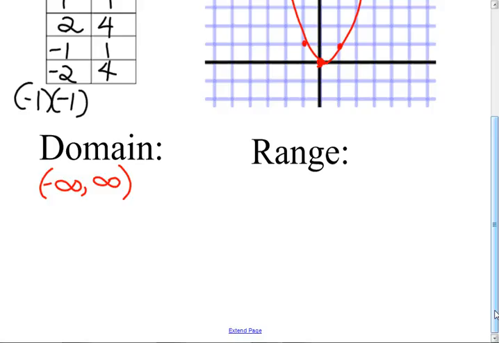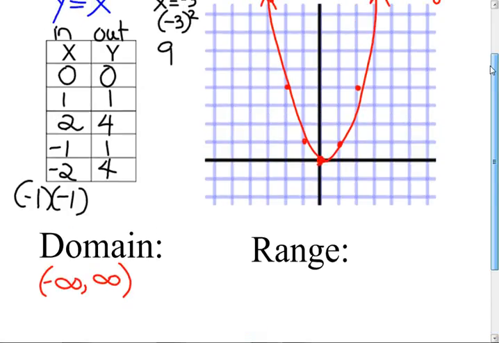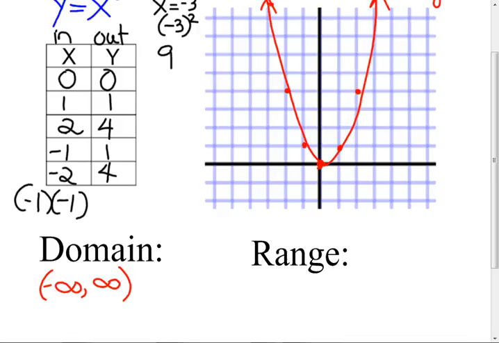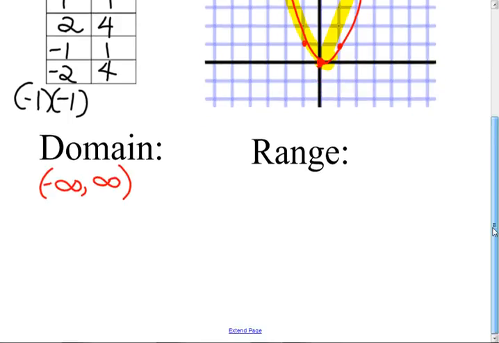Now, what about the range? What are the y values? What's the smallest y coordinate we have here, because we're looking at this figure? What's the smallest y value? 0. So now I'm going to be particular about this. We want to include 0, and if we include it, we must use a bracket.